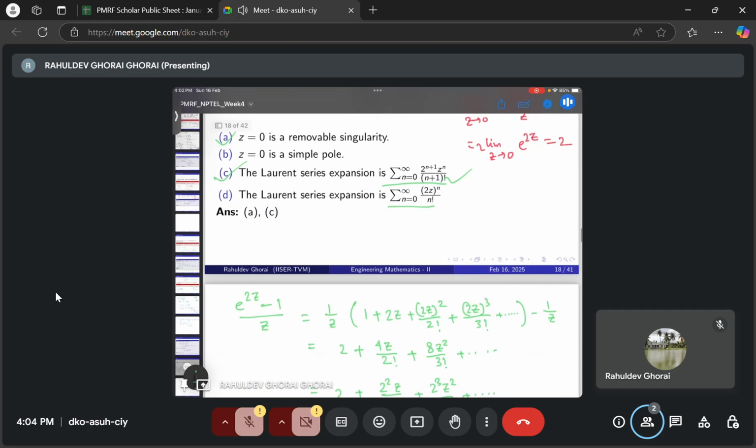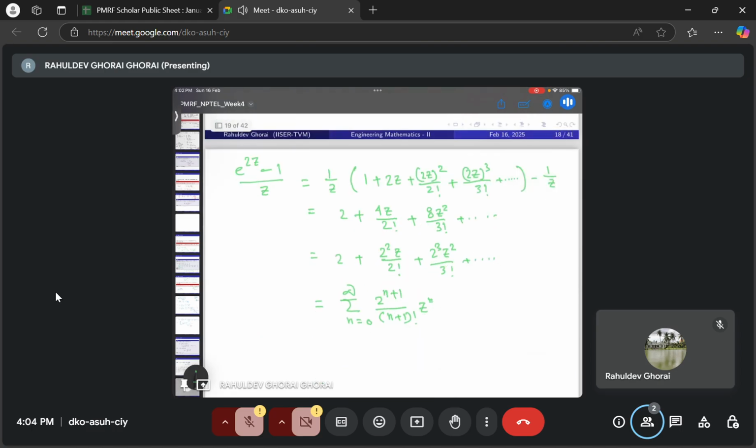Whether z equal to 0 is a simple pole or not, how do you show that? It is a singularity, so does it have a pole or not? Z equal to 0 is a singularity, but what we need to check is, as z tends to 0, whether it is a simple pole.